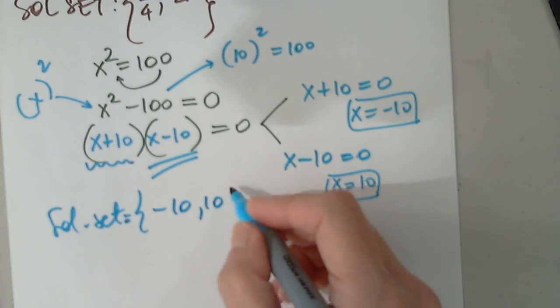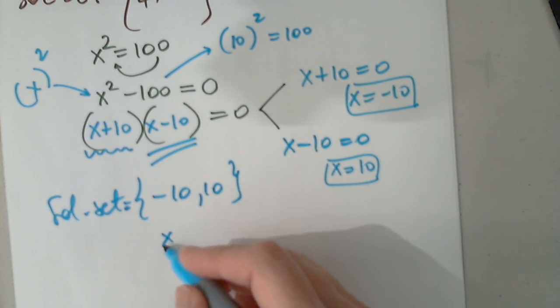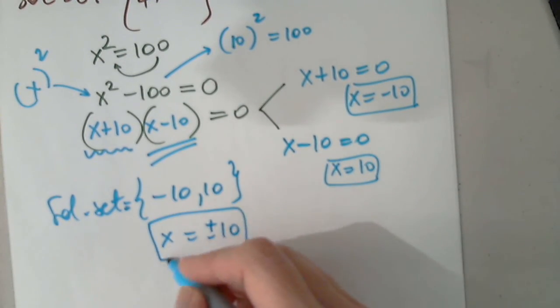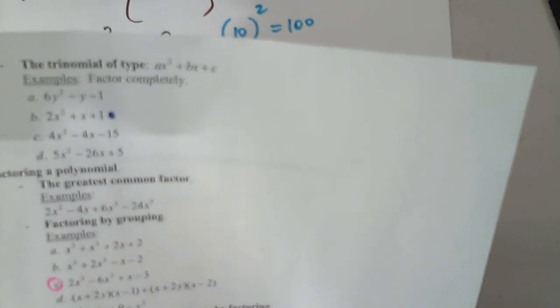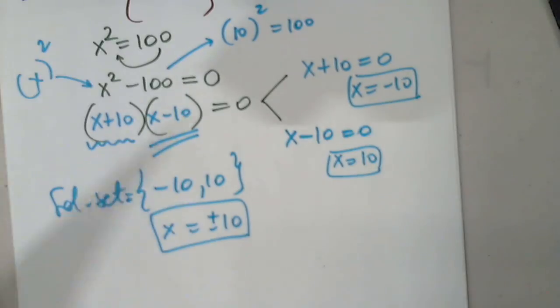So negative 10 comma 10. We also like to write it as plus or minus 10. That's fine too. So this is how we solve quadratic equations by factoring. Okay, so I think that now we have enough information to start working on our class assignment.